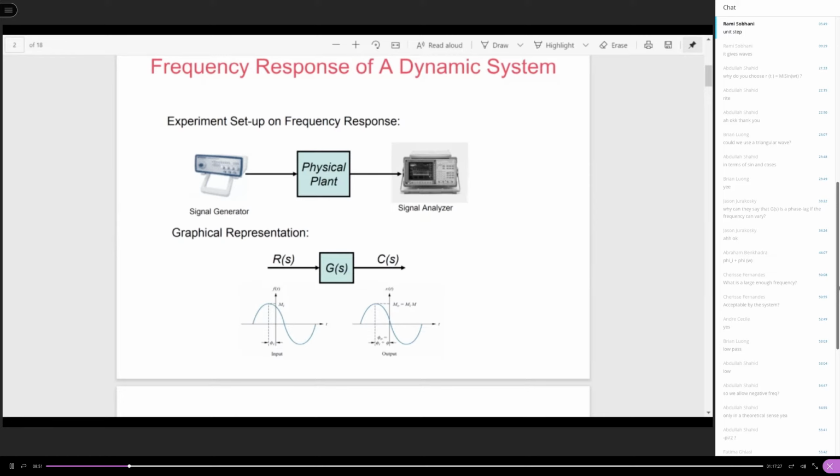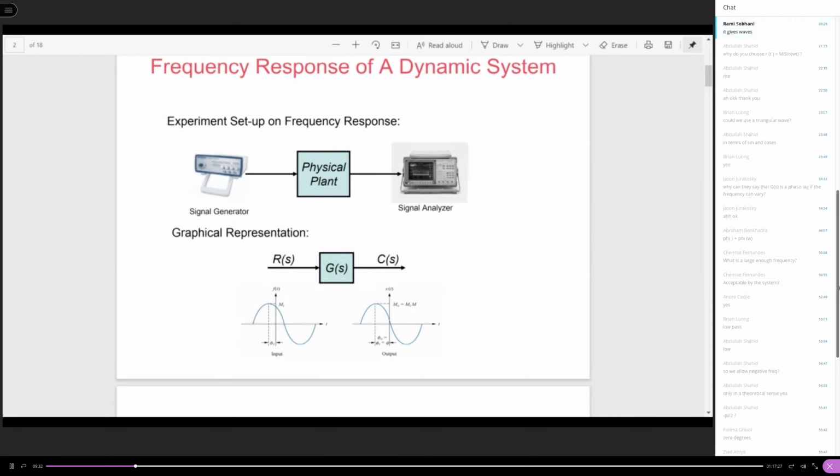If you look at this picture, this is the experiment setup for you to get the frequency response. Say you have a physical system here, and you have a signal generator. I'm pretty sure you are very familiar with that signal generator, right? Because we have this device in the lab. You use that signal generator to generate a signal oscillating at a certain frequency.